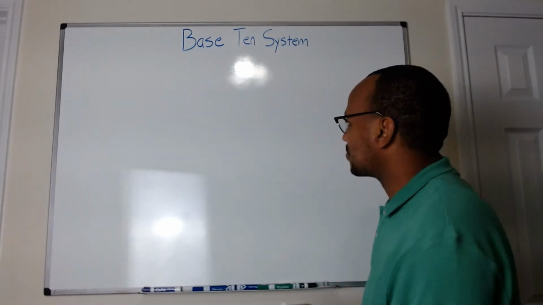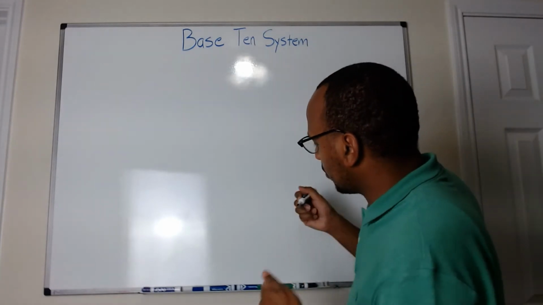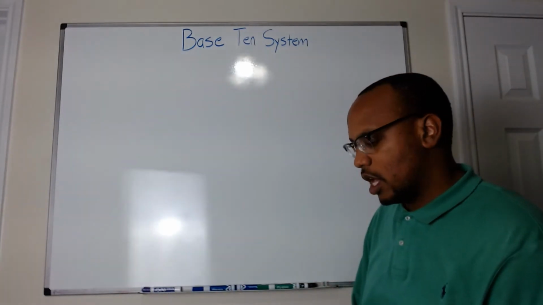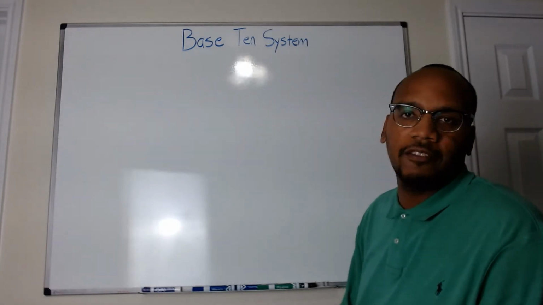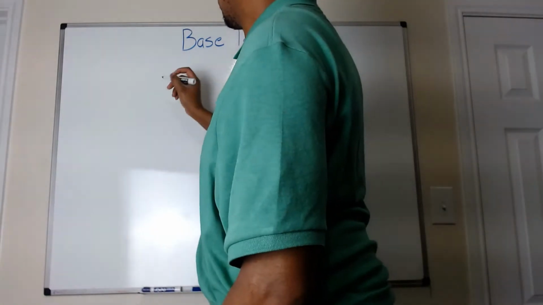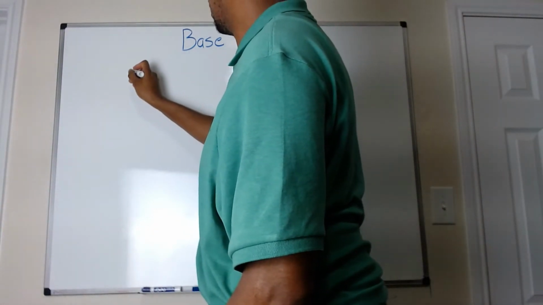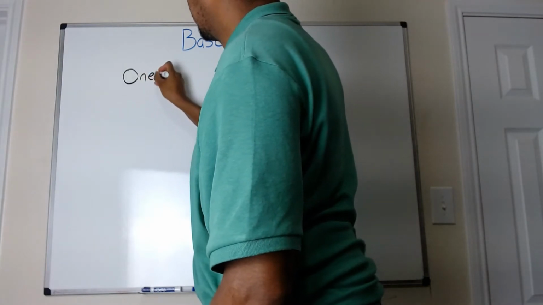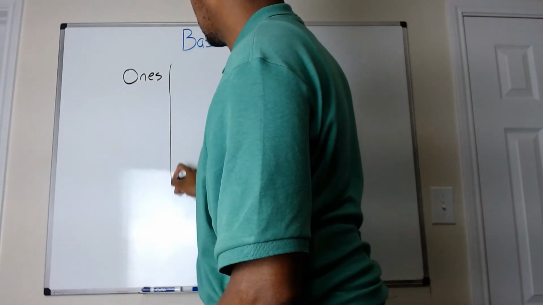I always start off with place value, the simple place value. And in 5th grade, you have decimals up into the thousandths place, right? So I always start off with a simple place value chart. You've got your ones place.